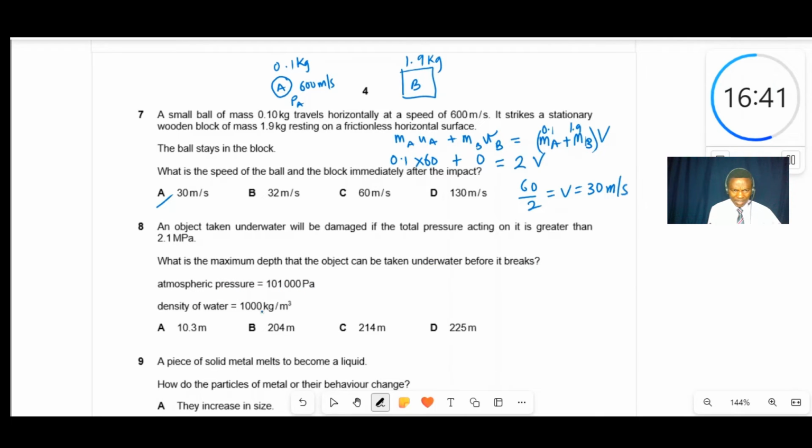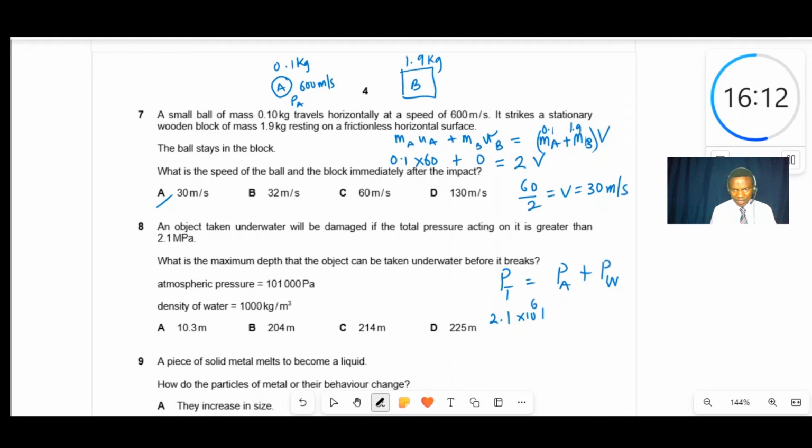So we are looking at the total pressure. P total is equal to atmospheric pressure plus pressure underwater. So total pressure is 2.1 times 10 raised to the power 6 pascal.